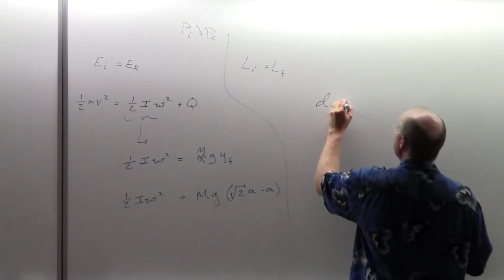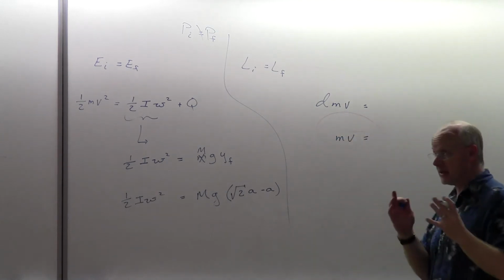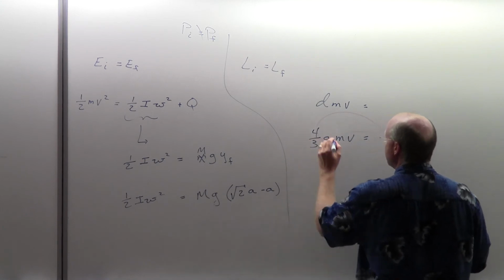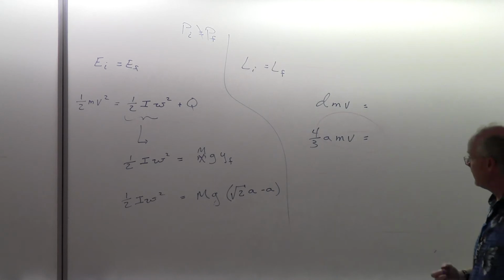Yeah, and we've been writing it as dmv for the longest time. I'll leave the mv, but in this case, what's d? Yeah, it's the 4/3 a. Right? And so there is the angular momentum before the collision. What is it after the collision?